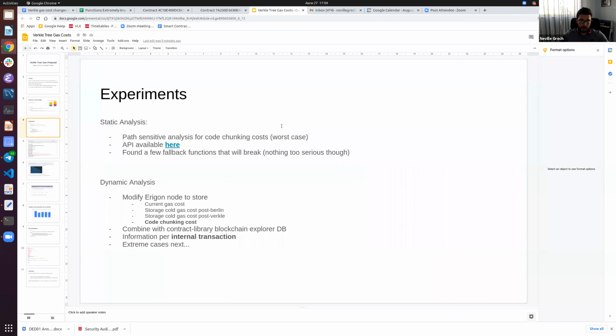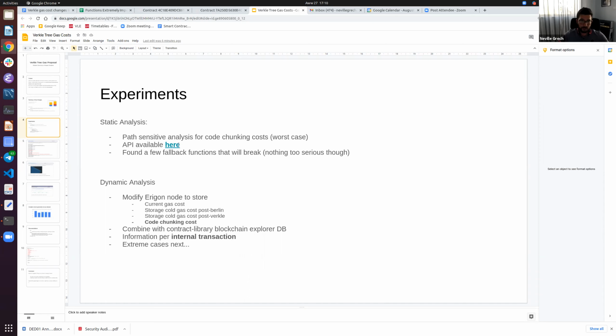Right, so in order to conduct this study, we did two experiments. We wrote a static analysis client on top of the GigaHorse toolchain, which is an EVM binary code lifter, right? And we wrote a path-sensitive analysis, which can find the worst case gas cost increase only for code chunking.